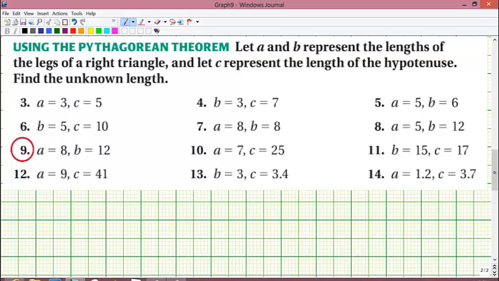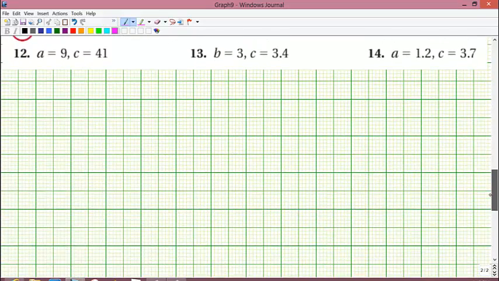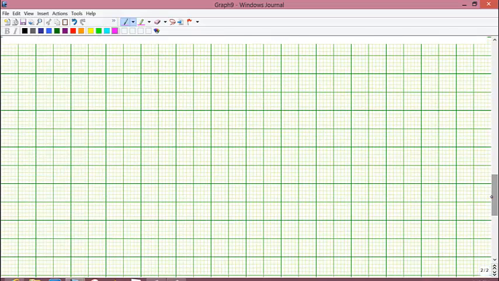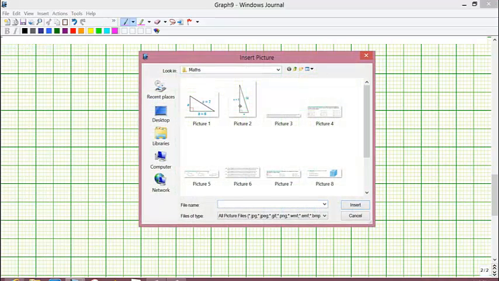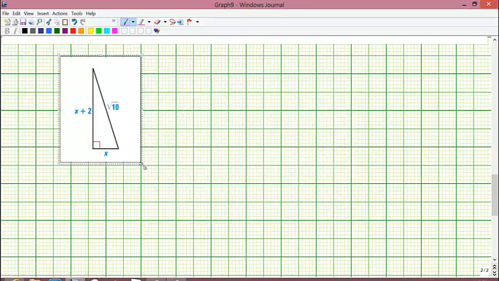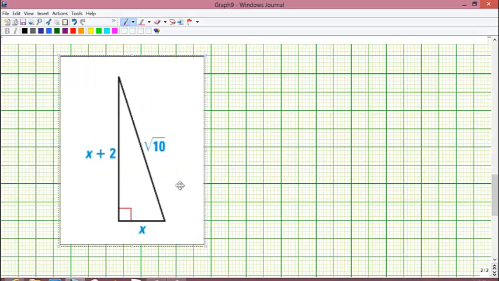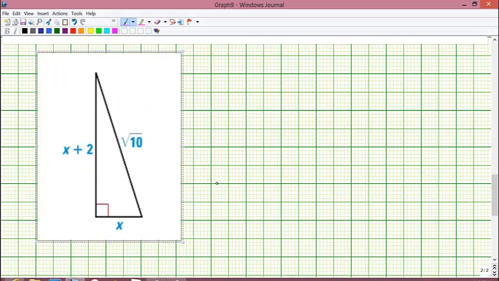Okay. Now, often our problems are not so simple. Quite often we are faced with problems including variables, including unknowns, but we still have to use Pythagoras. So let's look at this particular one here.